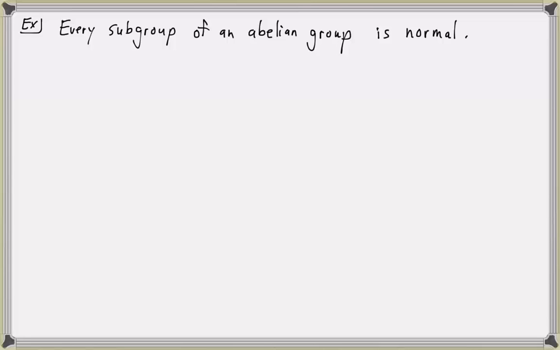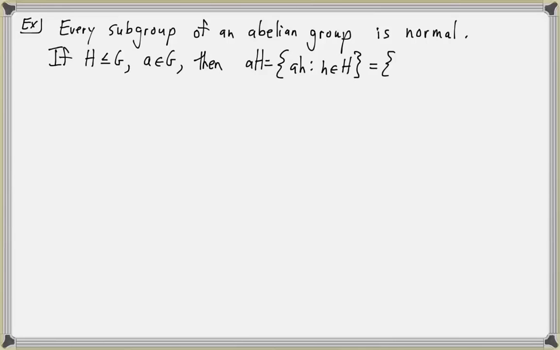So given a subgroup H of G, and a is any element of G, then aH, by definition, is the set of all elements ah such that h is in H. Since the group is abelian, this just equals the set of all elements ha such that h is in H, and that is the right coset Ha. So any subgroup of an abelian group is normal.